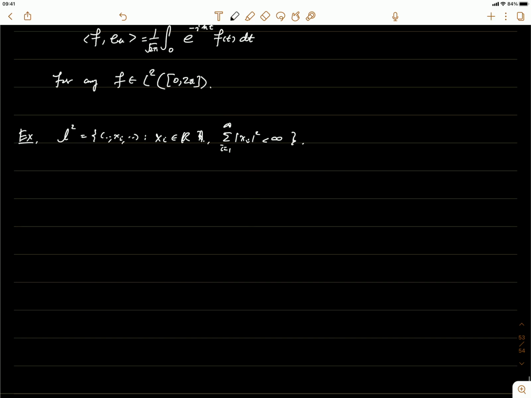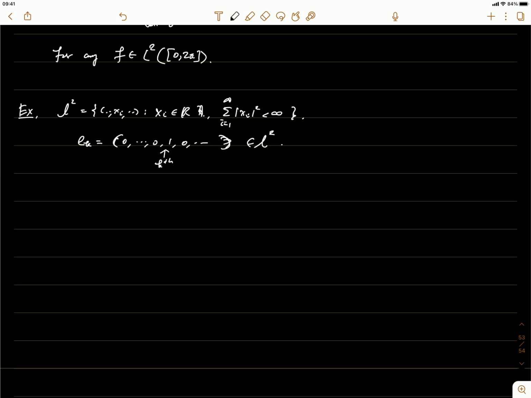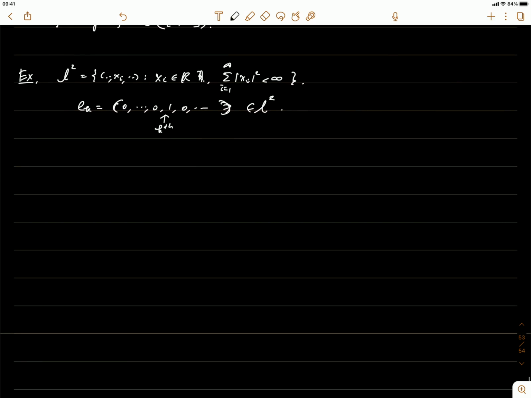This is also easy to get the fundamental basis, which is just the e_k, where you have every term as 0 except the k-th one, which is 1. So this is in l2, and this is a basis, as you can see.